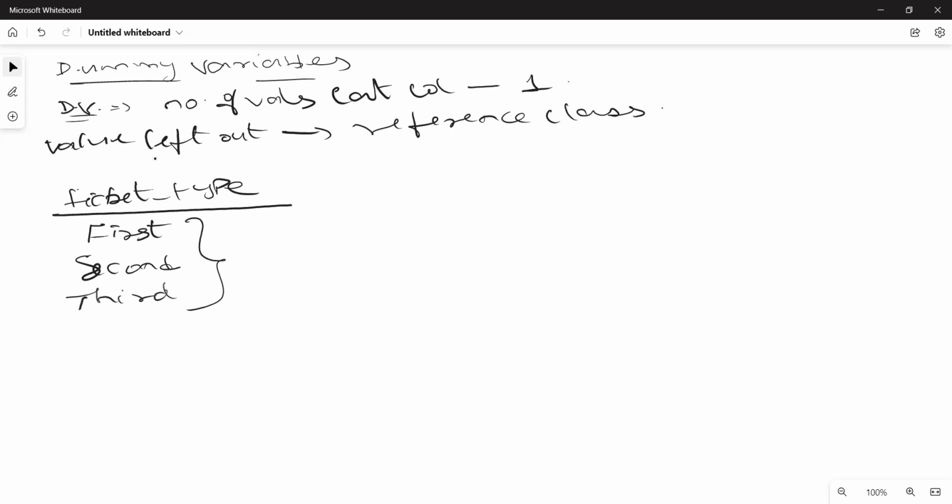Okay, so this is clearly a categorical data. Now, according to the definition, dummy values equals number of values in the categorical column minus 1. So I can take any 2 to be the dummy values, any n minus 1. So let us take the dummy values to be first class and second class.